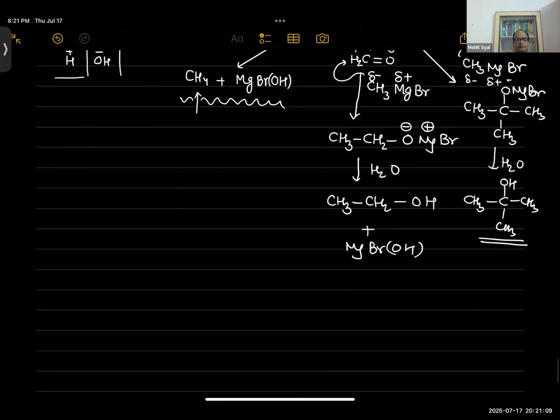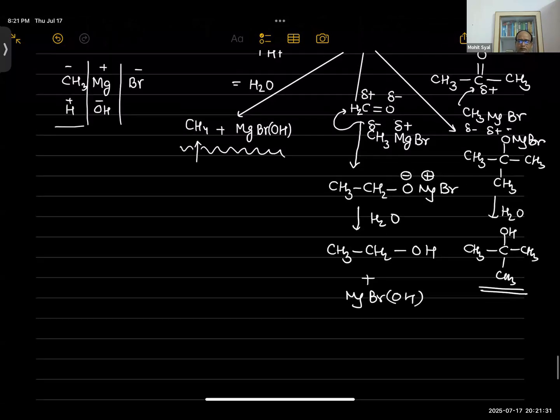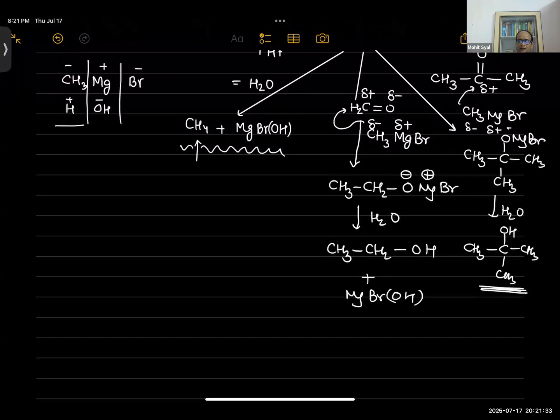Clear or not? Any doubts on this? Just you need to look for the positive and negative charge on the double bond. So when you react aldehyde or ketone with Grignard, you get an alcohol.